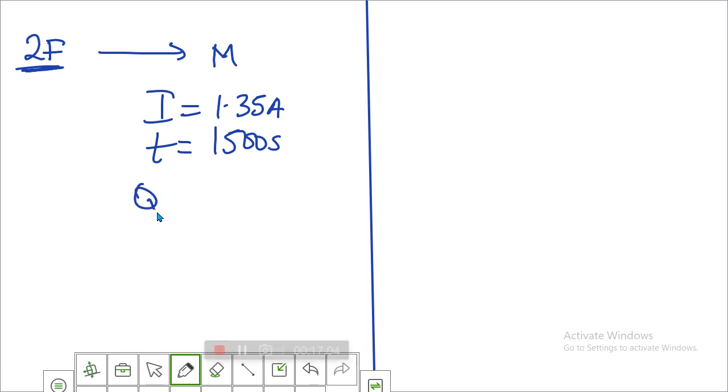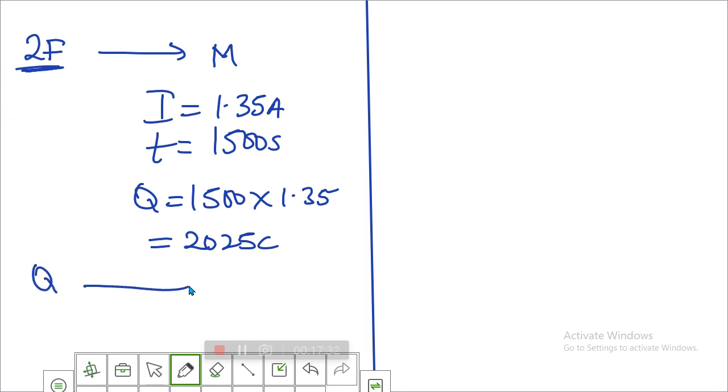So we find the Q, which will be 1500 times 1.35. Let's quickly do that. So we have 2025 coulombs. That's the Q.